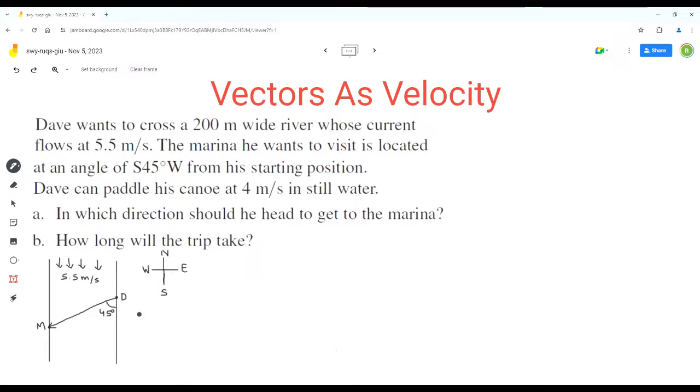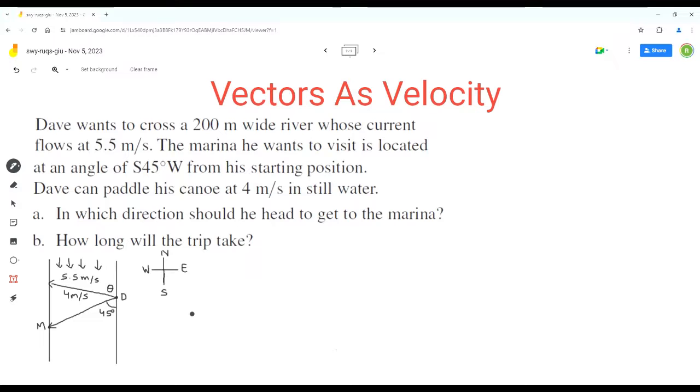Let's assume Dave has to paddle in the upstream direction at an angle theta with the bank of the river. So this is the vector for Dave's paddling his canoe in still water, and its magnitude is 4 meters per second.